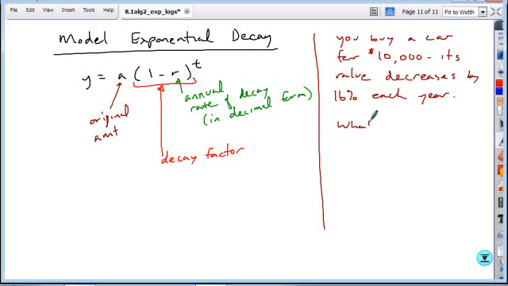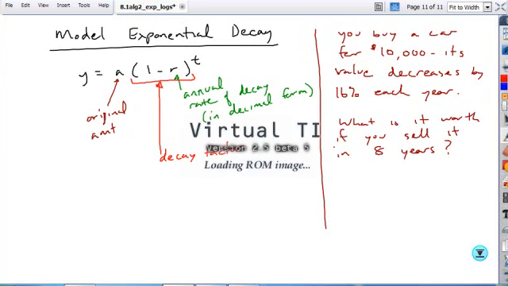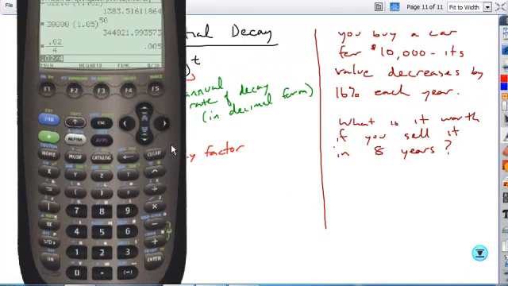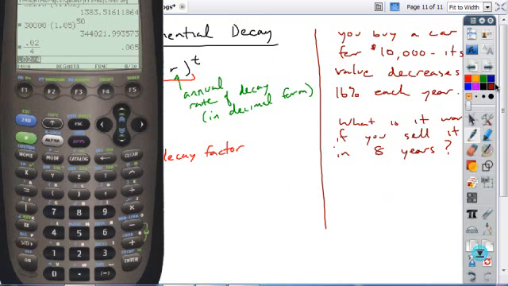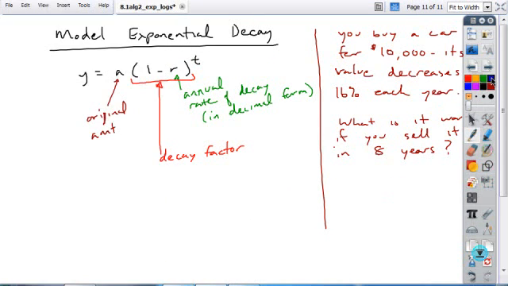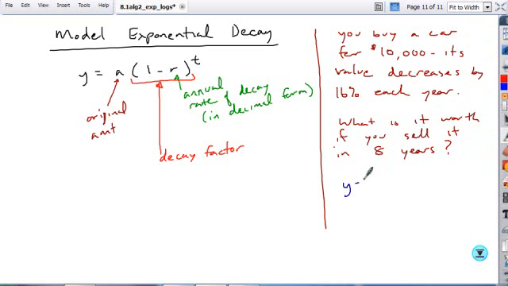Okay, so I want you to see if you can find that, please. And so the value of this car is going to be our original amount, 10,000, times 1 minus our percent in decimal form, so 0.16, all to the t.